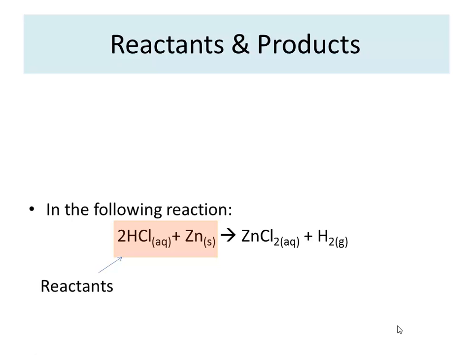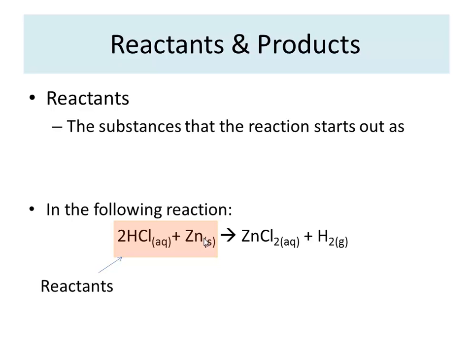So in the following reaction, these are the reactants. In this reaction, we have the 2HCl and the solid zinc. These are the reactants here, and these are the substances that you start with in the reaction.